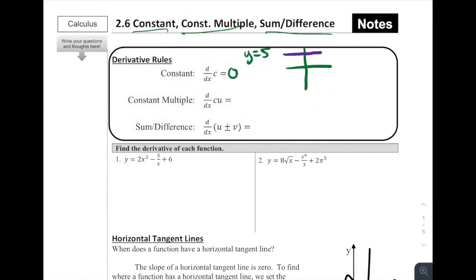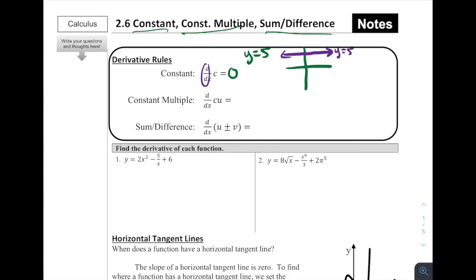We know that y equals 5 is simply a horizontal line. And we also know that the derivative, d/dx, is finding the slope of that line. Since this line is horizontal, and any constant function is horizontal, the slope of that line is going to be 0. It's neither going up nor down as it moves to the right. So the derivative of any constant is 0.